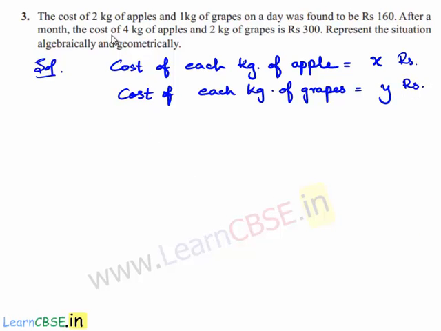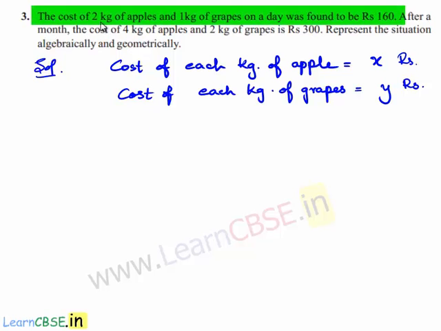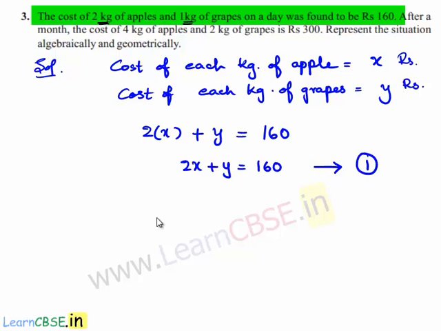Now according to the first condition, the cost of 2 kg of apples and 1 kg of grapes is 160 rupees. So the cost of 2 kg of apples is 2 multiplied by x and the cost of 1 kg of grapes is y. The total cost is 160 rupees. So this becomes 2x plus y is equal to 160. This is equation number 1.